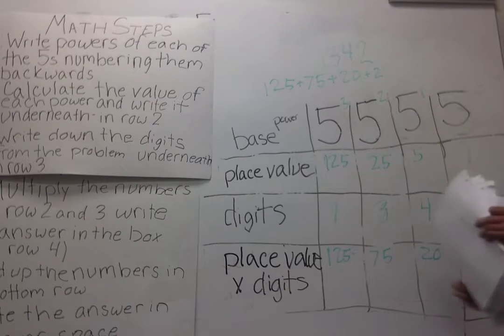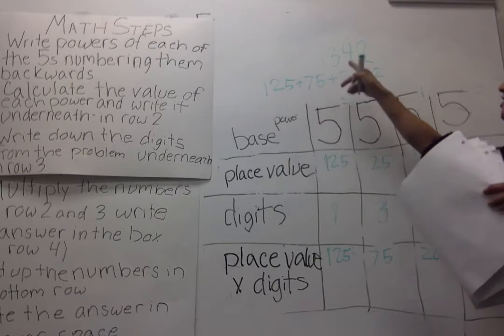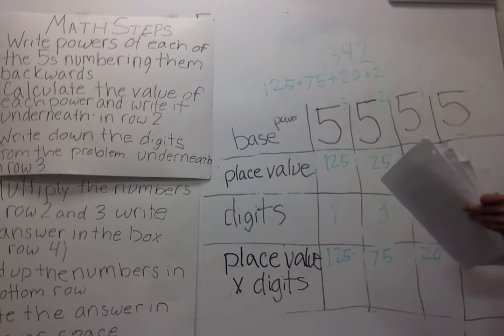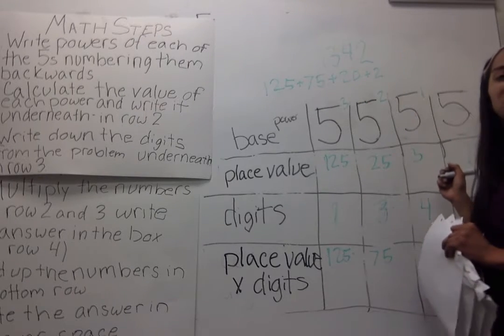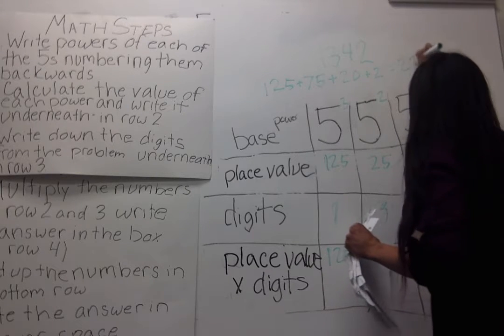Can anyone tell me what 125 plus 75 plus 20 plus 2 would be? Anyone? Good job. The answer would be 222.